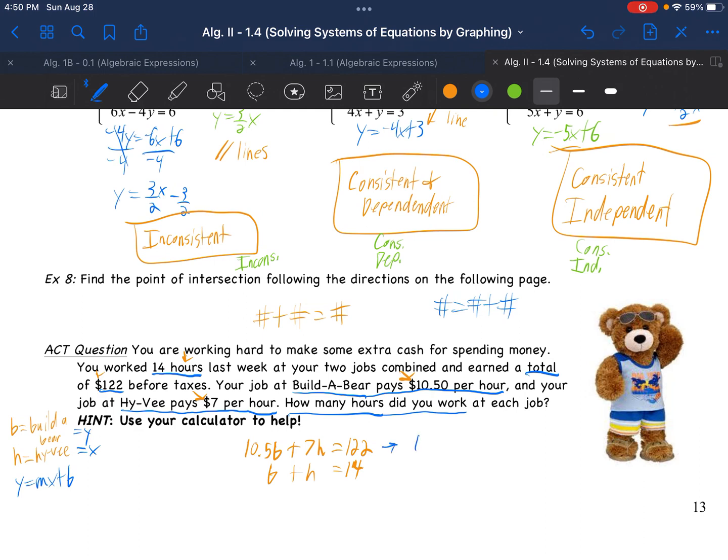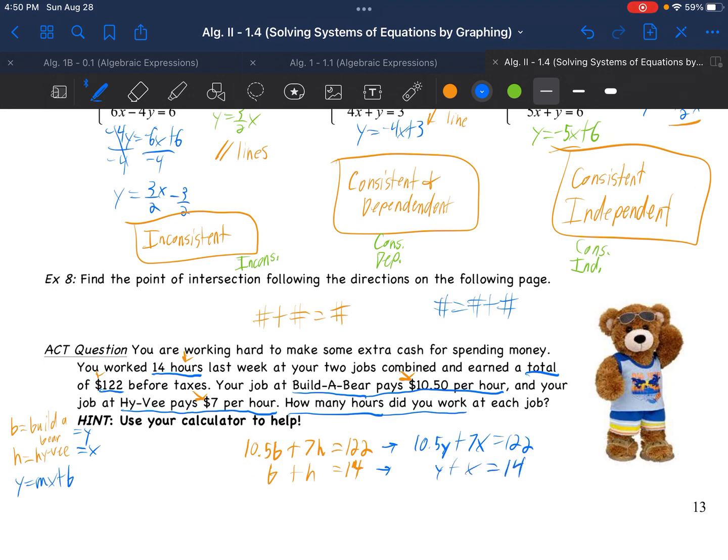We're just going to switch these equations real quick. So we're going to call this 10.5y plus 7x equals 122. We could have done that from the start. I just thought it might be a little more straightforward for us to think of it as B and H for Build-A-Bear and Hy-Vee.